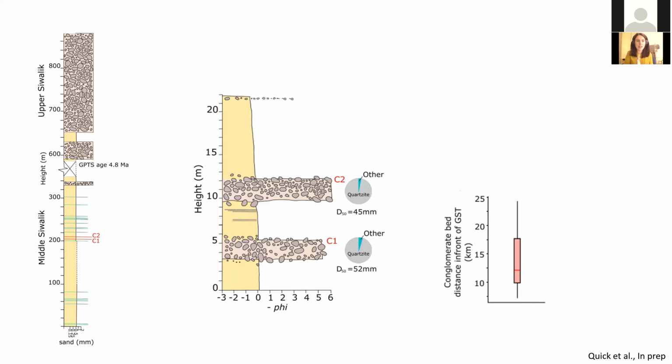I started looking at some Siwalik successions in the Dehradun area of northwest India, along the Mohand anticline. I logged quite a lot of Siwalik succession, and what I did find is two quite prominent episodes of coarse conglomerate sedimentation within this middle Siwalik sandstone. Like that previous diagram I just showed you, this could potentially represent a coarse packet of sediment which has been pushed very far out into the distal sandy plains.